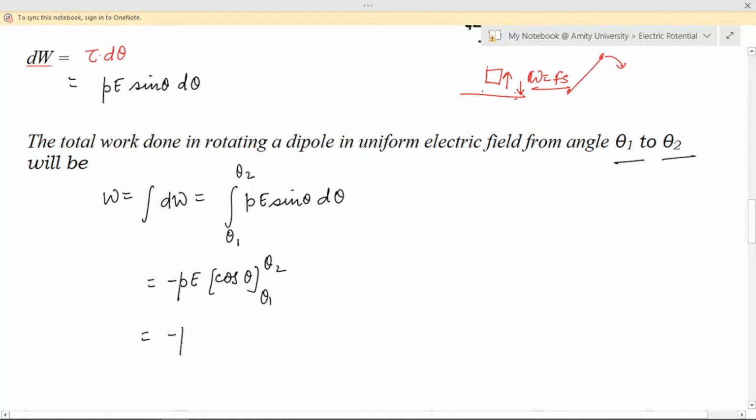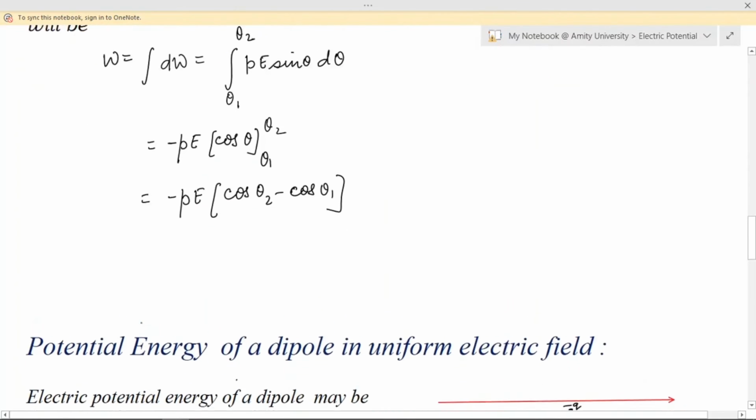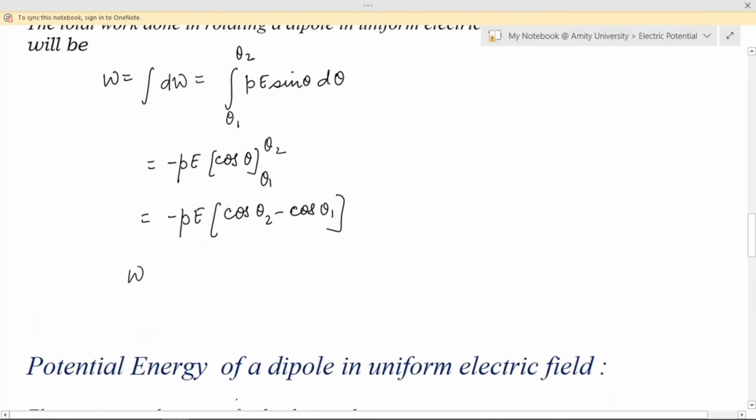Substituting the limits, we get minus PE into cos theta 2 minus cos theta 1. Or it can be expressed as: the total work done in rotating a dipole from theta 1 to theta 2 is PE into cos theta 1 minus cos theta 2.